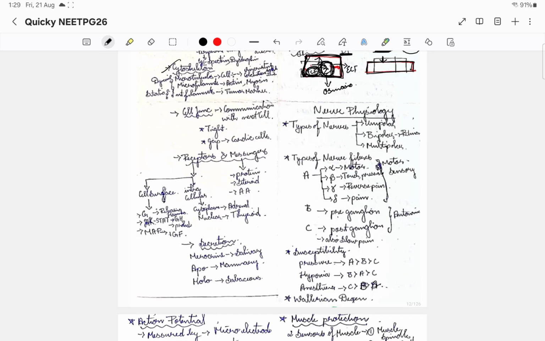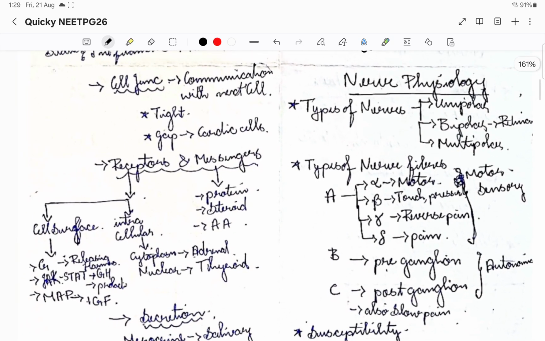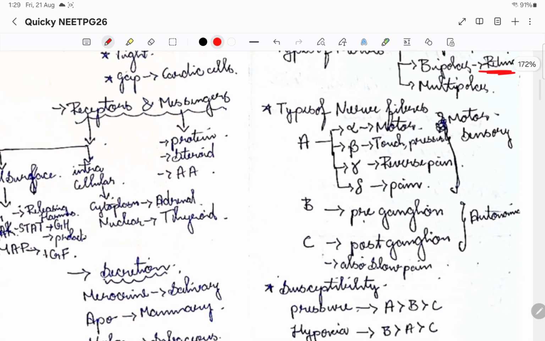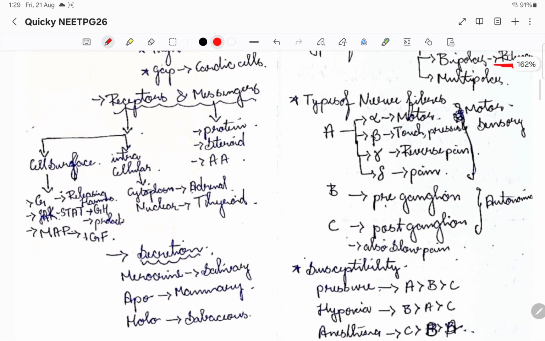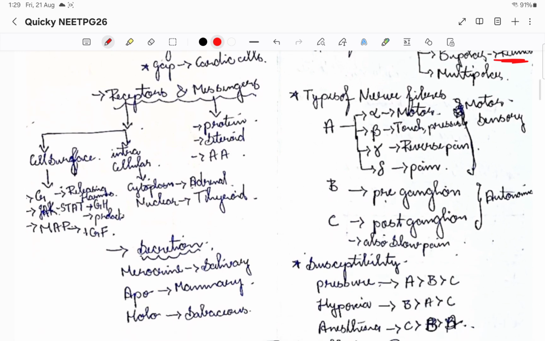So now let us go on with nerve physiology. The types of nerves are unipolar, bipolar and multipolar. In bipolar, the main example is the retina. Okay, that's it. So moving on, there are types of nerve fibers. Those were types of nerves; now I am discussing types of nerve fibers.